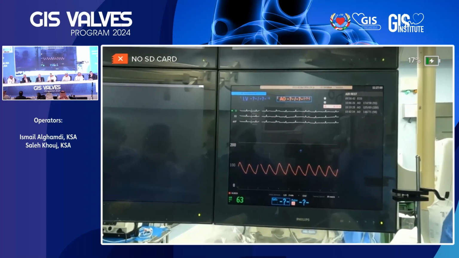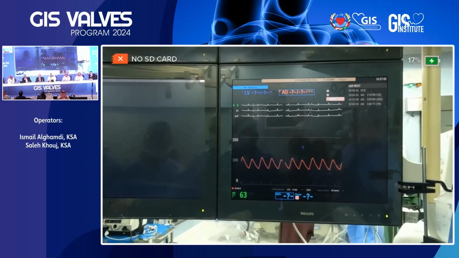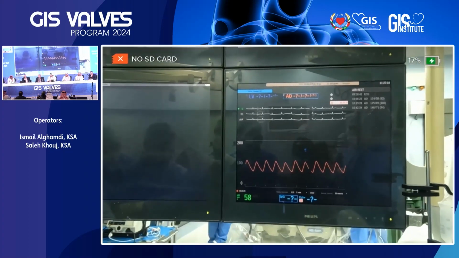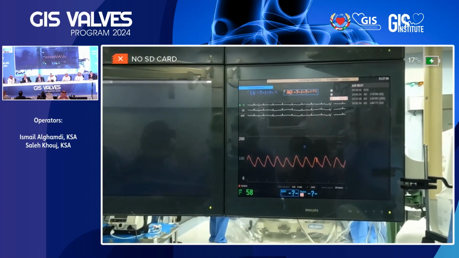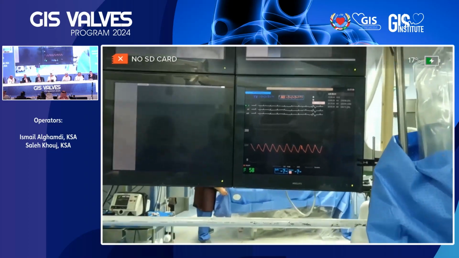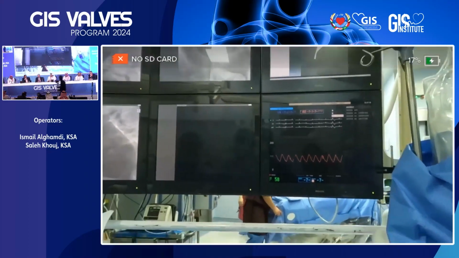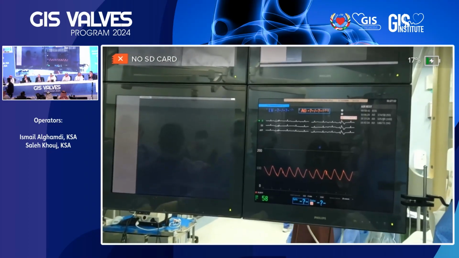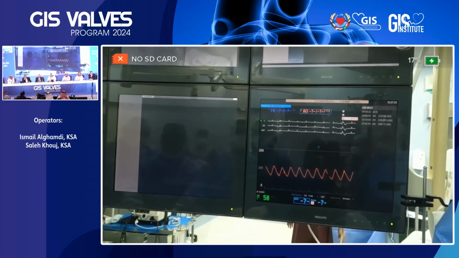Do you have any hemodynamic screenshot? If you don't, just let us know what the gradient is. By the way, do you have a baseline hemodynamic gradient by any chance?